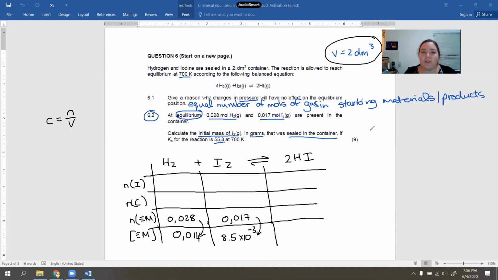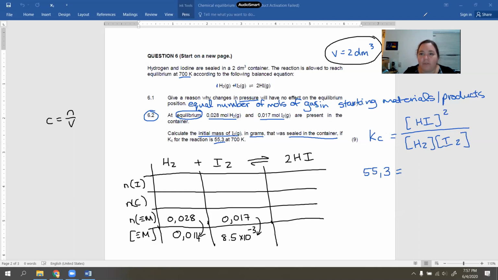Then what I'm going to do is set up my expression for Kc. Kc in this case, and it's one we've done a few times today, is [HI]² over the concentration of H2 times I2. Now we know that the value of Kc is given as 55.3.